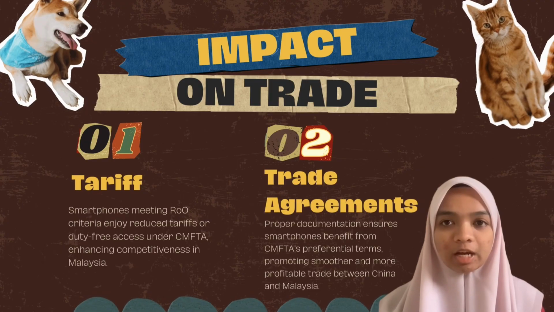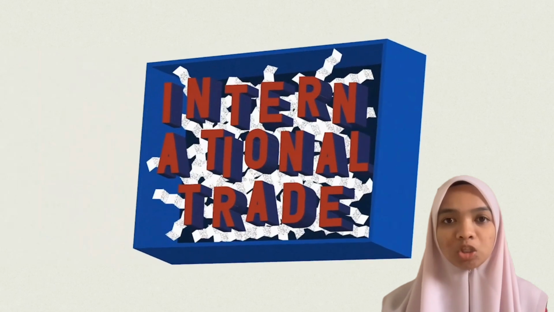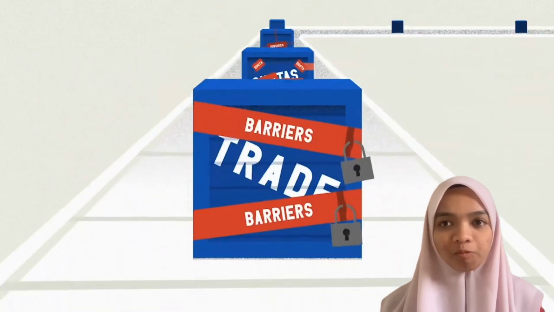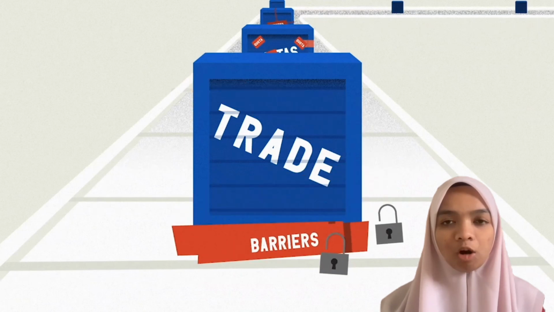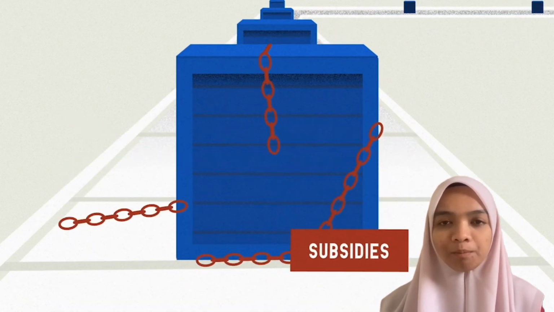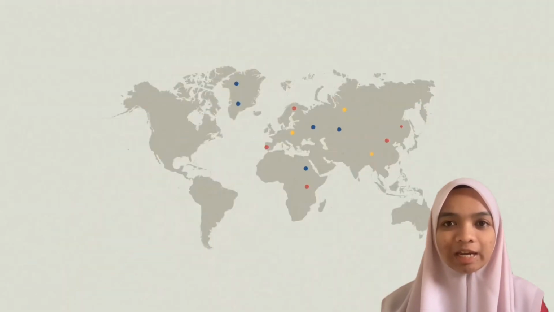Next, trade agreement is also one of the impacts on trade, where proper documentation ensures that smartphones benefit from the preferential terms of the CMFTA, promoting smoother and more profitable trade between Malaysia and China.